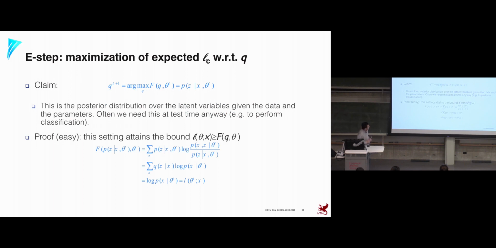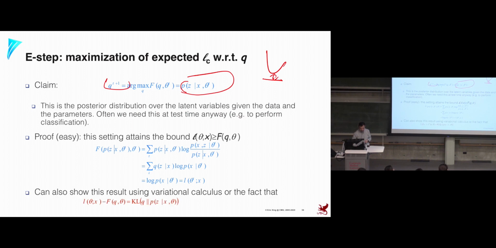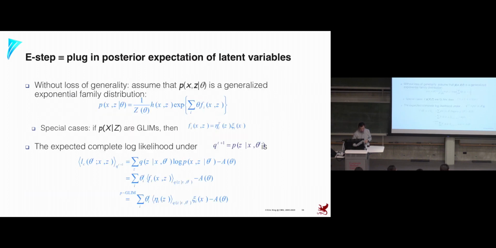So here are some facts, to prove a certain nice property. For example, I said already, the choice of the Q of t plus 1 being this guy guarantees you to actually close the gap between the lower bound and the likelihood, and it is the optimal choice. And therefore, by plugging in that, you effectively work with the term that I just mentioned.